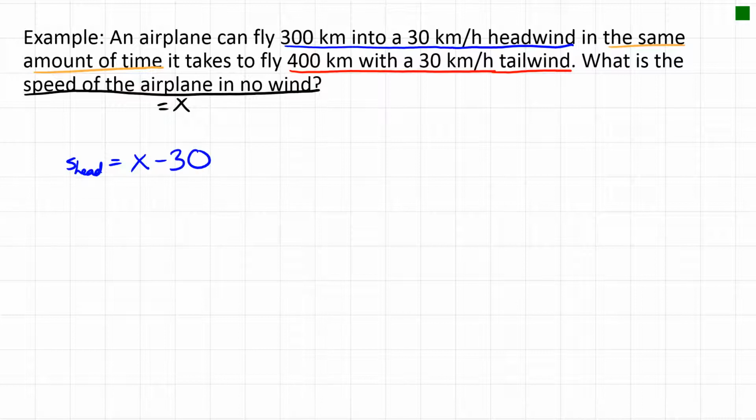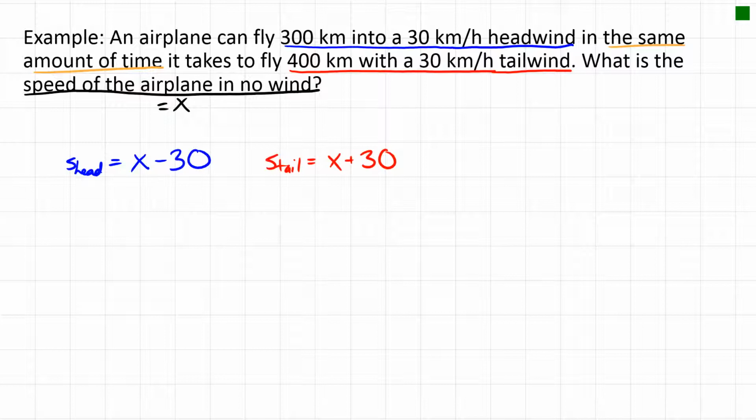However fast it's going, subtract away 30 kilometers per hour. And we can do the same for the tailwind. The tailwind s tail, the speed with the tailwind is x, which is how fast it would go without any wind, plus 30 kilometers per hour.